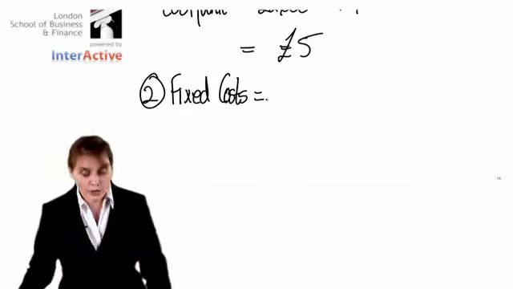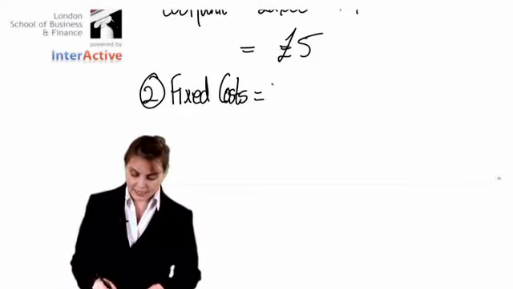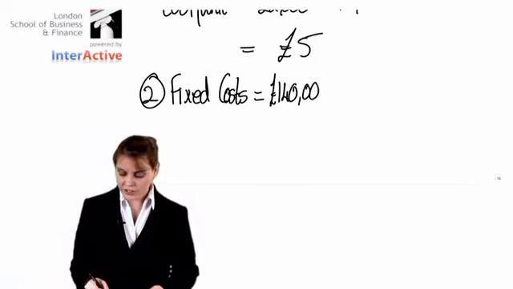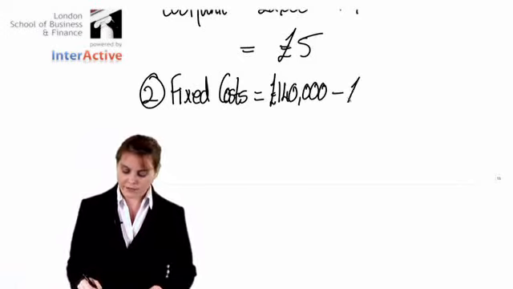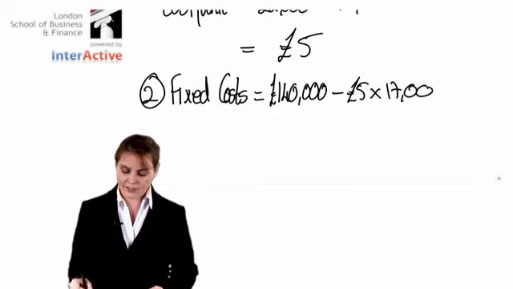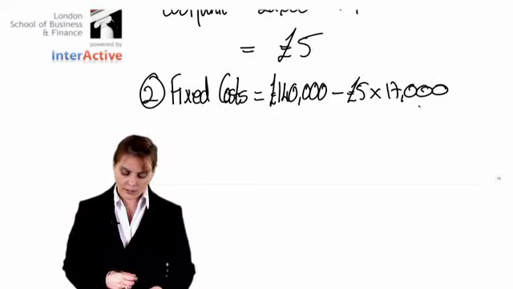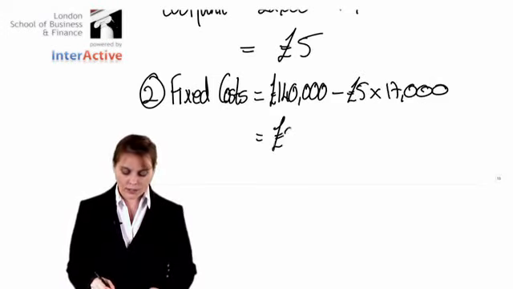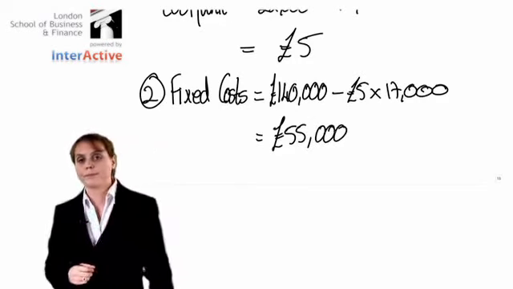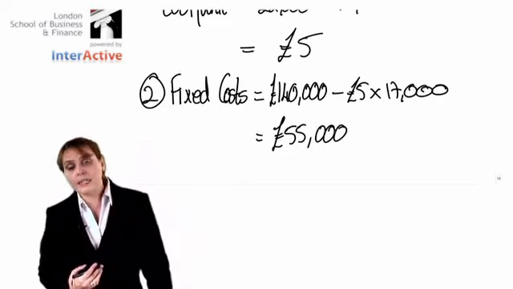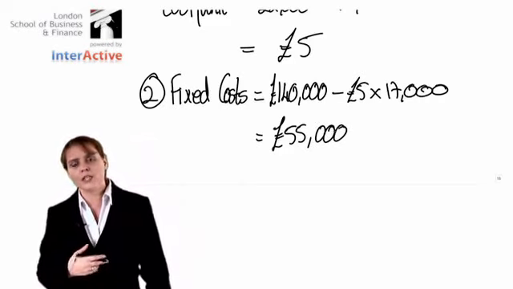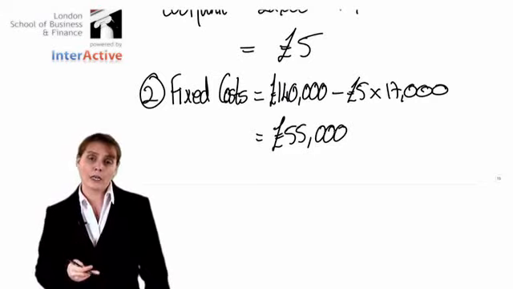So if we look at our low level of activity to calculate our fixed costs, there'll be 140,000 minus our variable cost per unit, multiplied by 17,000 units. So our fixed costs are £55,000.